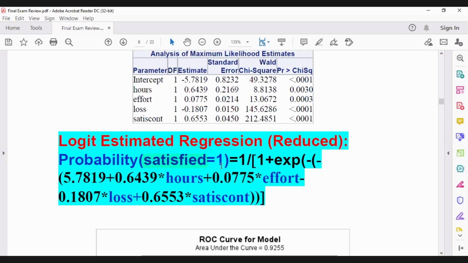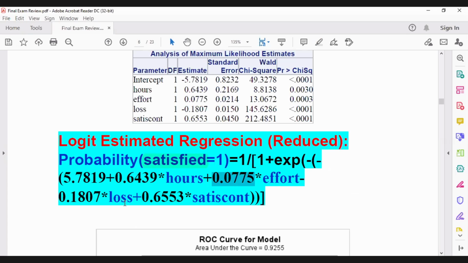A one unit increase, for example, in hours will lead to an increase in the log of odds, meaning log of probability of y equal to 1 over probability of y equal to 0, by 0.6439. A one unit increase in effort will yield an increase in log odds by 0.0775.